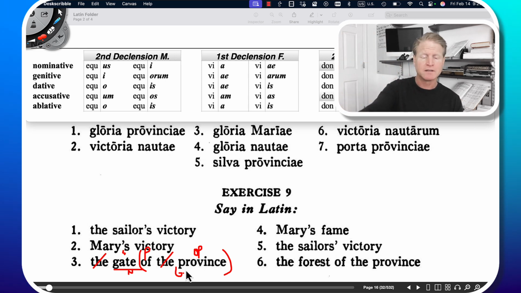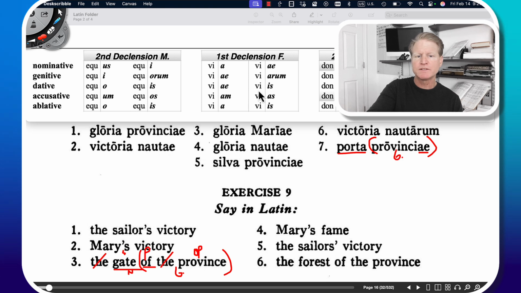But when we translate it into Latin, we're going to use the genitive case. So to say the port of the province, we would actually go up here to porta provinciae. Now in Latin, I'm going to put parentheses around it as well, even though it's not a prepositional phrase, because in Latin we don't have the preposition of. We simply put the word into the genitive case. So the gate of the province, porta provinciae.